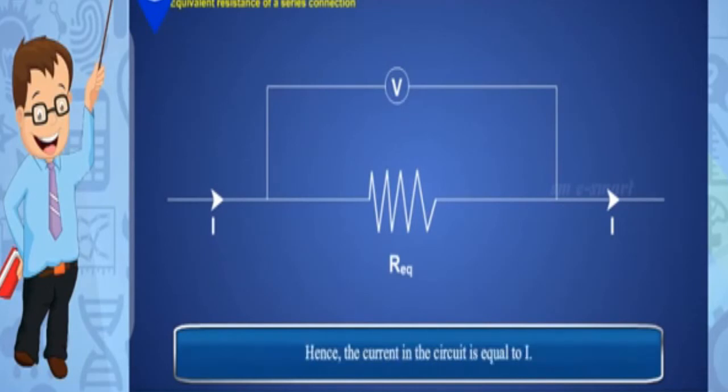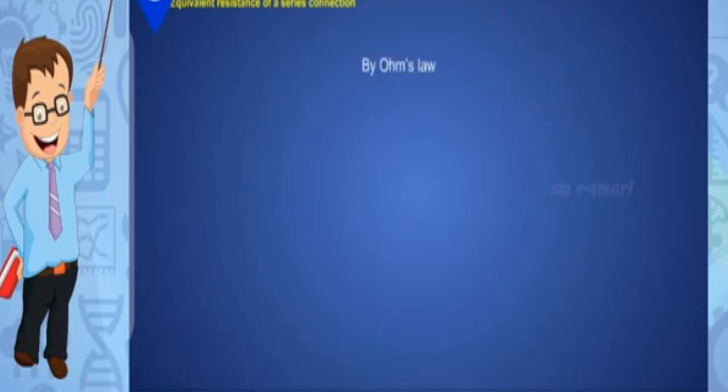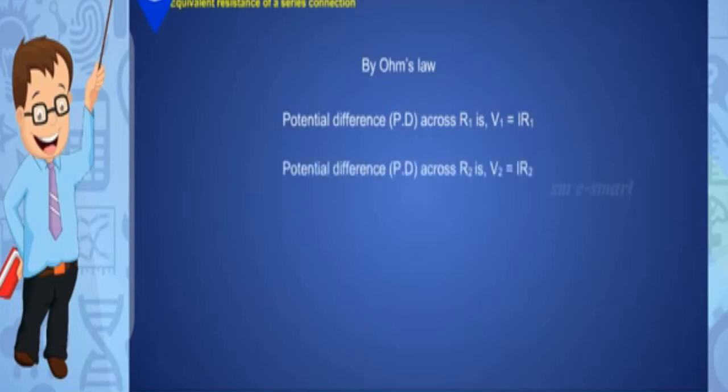Hence, the current in the circuit is equal to I. By Ohm's law, the potential difference, denoted by PD, across R1 is V1 equals I R1. PD across R2, V2 equals I R2. PD across R3 is V3 equals I R3.